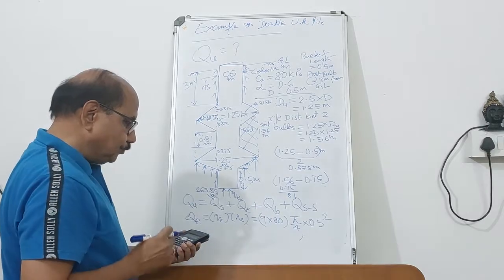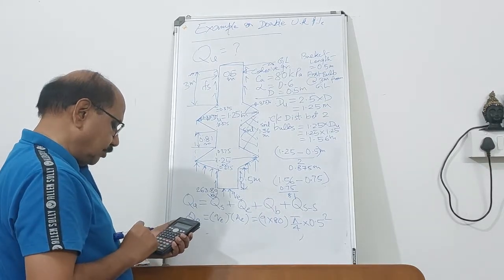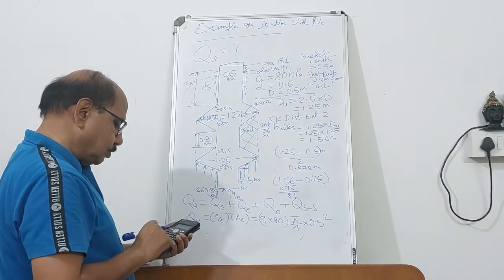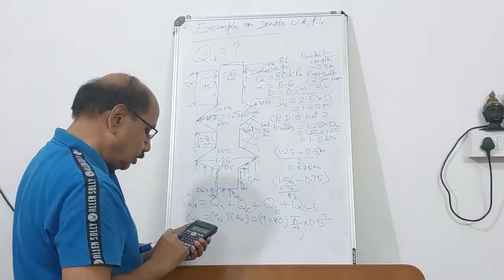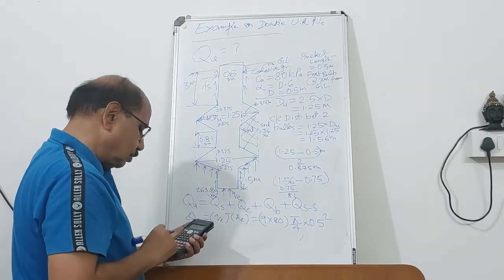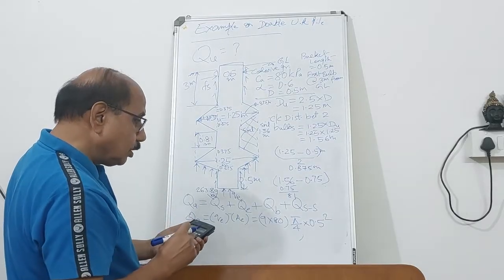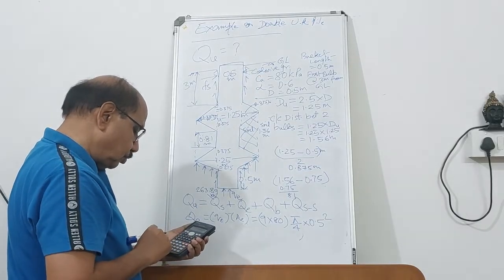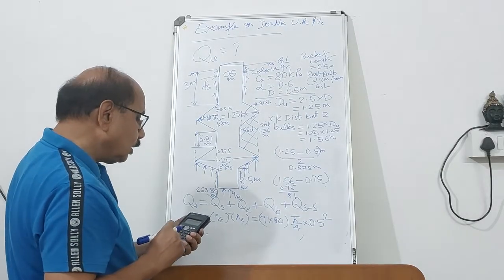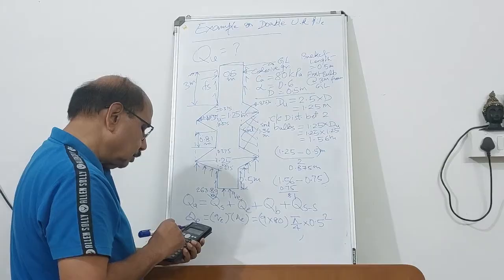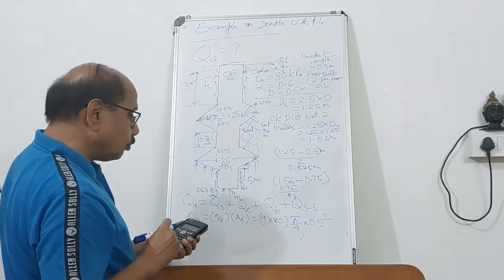9 times 8 is 72, so 720. So let us calculate 720 times pi by 4 times 0.5 square.